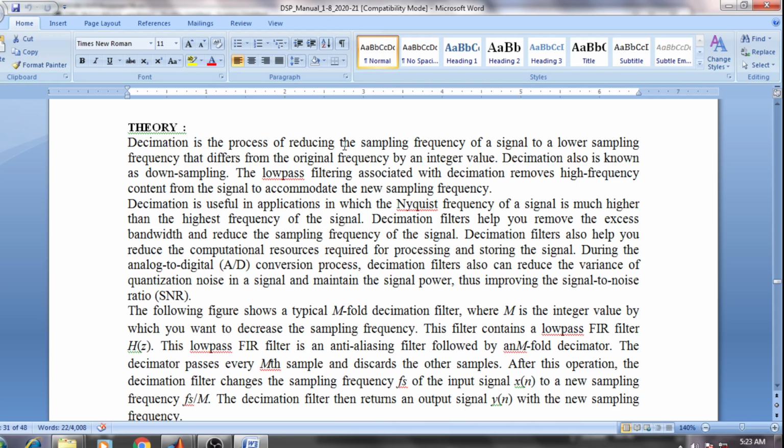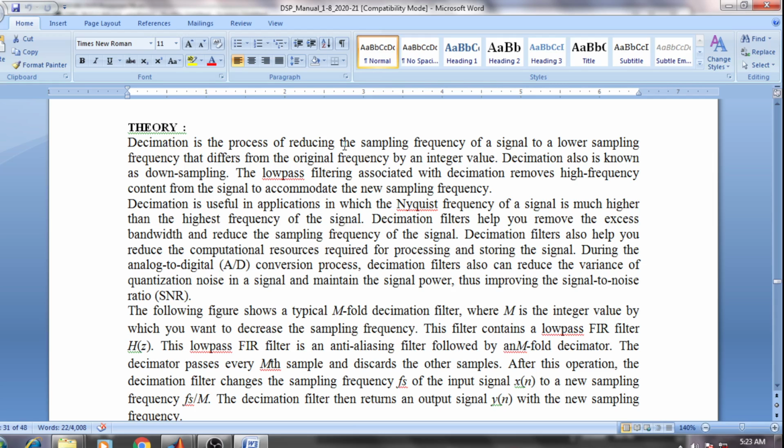Similarly, the decimation filter also helps you to reduce the computational resources required for processing and storing the signal. During the analog to digital conversion process, the decimation filter also reduces the variance of quantization noise in the signal and it maintains the signal power. It also improves the signal to noise ratio.